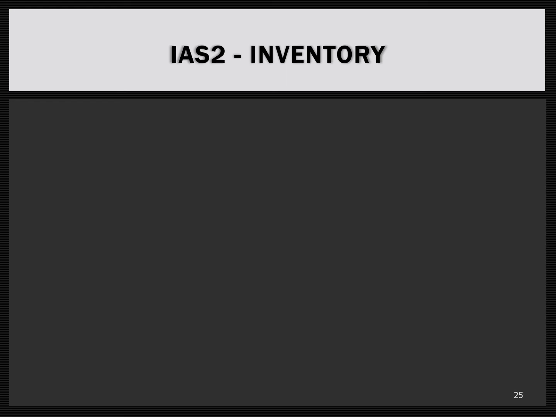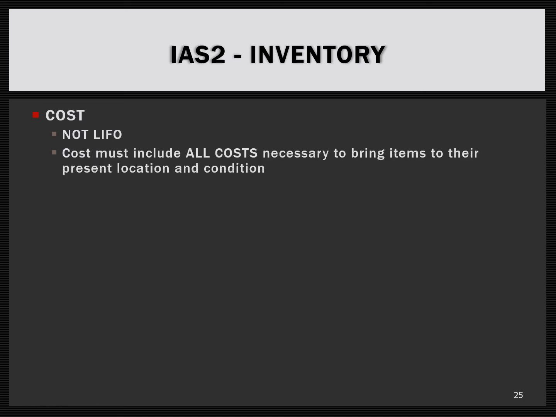So IAS 2 inventory will inevitably crop up in questions 4 and 5. Remember, the cost figure of inventory must not be determined on a LIFO basis. That's not allowed under IAS 2.